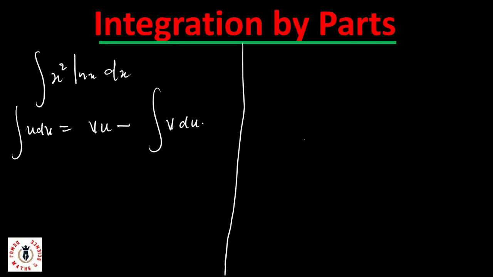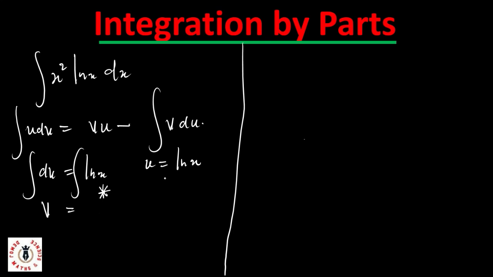Now, if I am selecting my dv to be equal to ln x, that means I have to find the integral of dv to arrive at v. And this is not in my standard integrals, so I know this is going to be a very challenging selection. Rather, I'll be selecting my u to be equal to ln x.